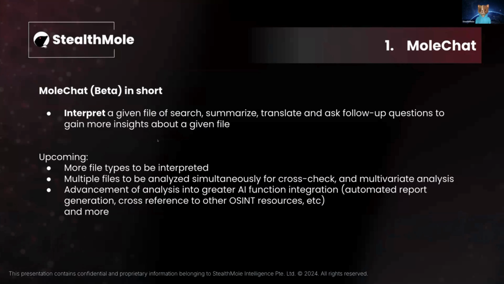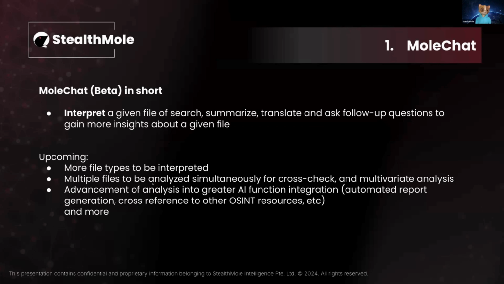And this right now is in a beta version, so it doesn't have a lot of extended features yet. But what we're trying to do is develop it into integrating more file types at one go to be interpreted so that we can do simultaneous analysis and multivariate analysis.